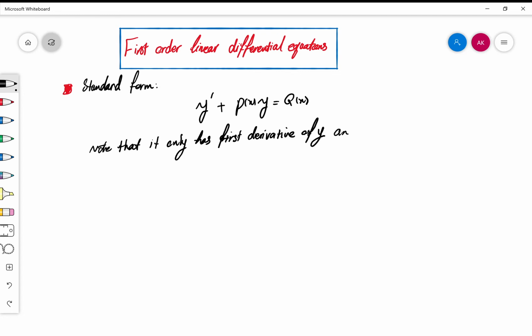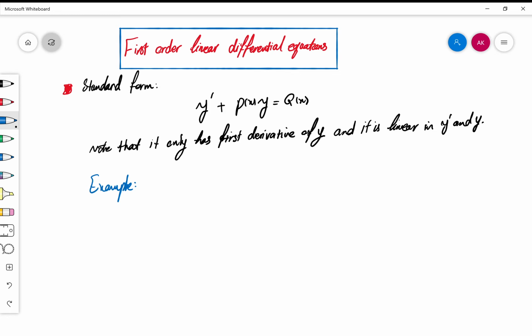And it is linear in y prime and y. It means that we don't have powers of y prime, or different powers of y. The y prime and y are not multiplied. Let's just see some examples and you'll notice what I mean by the difference.